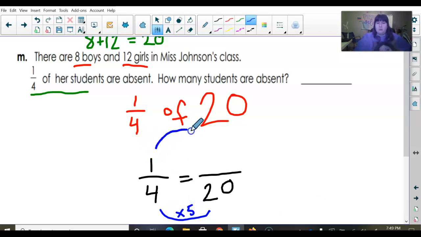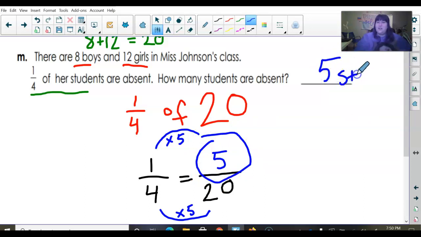And whatever I do to my numerator, I have to do to my denominator, and vice versa. So times 5. 1 times 5 equals 5. And there's my answer. 1/4 is the same as how many out of 20? 5 out of 20.